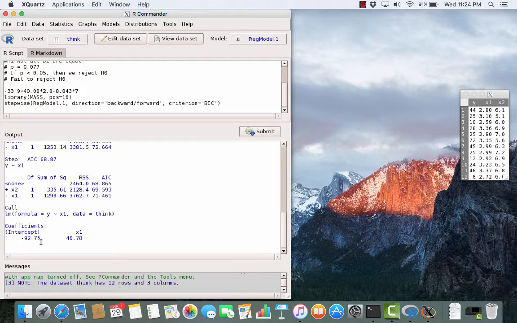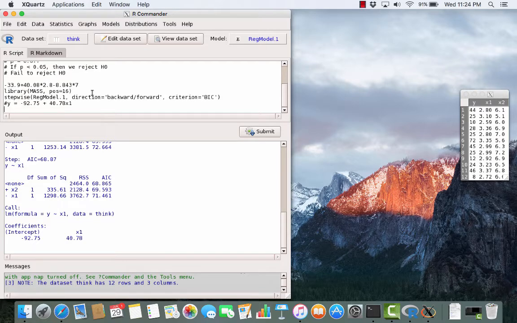The better model actually is just the intercept and the x1. So the best model based on this would then be y is equal to minus 92.75 plus 40.78 x1, which is kind of interesting.